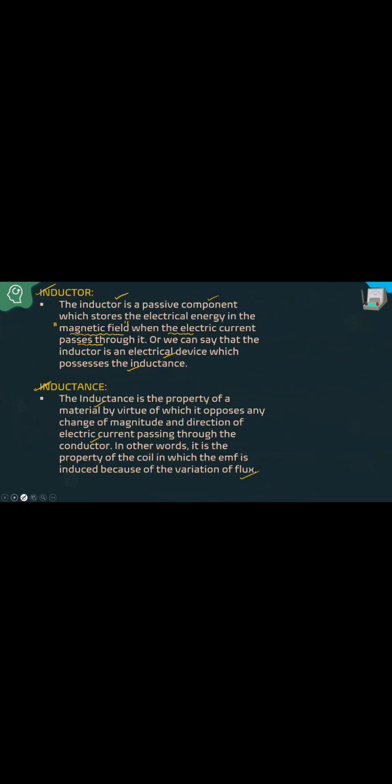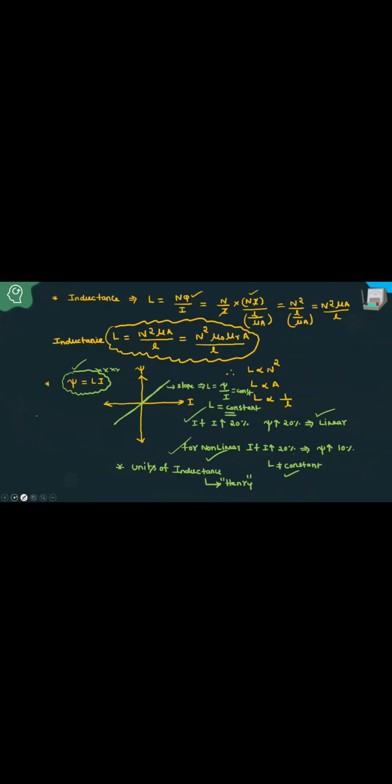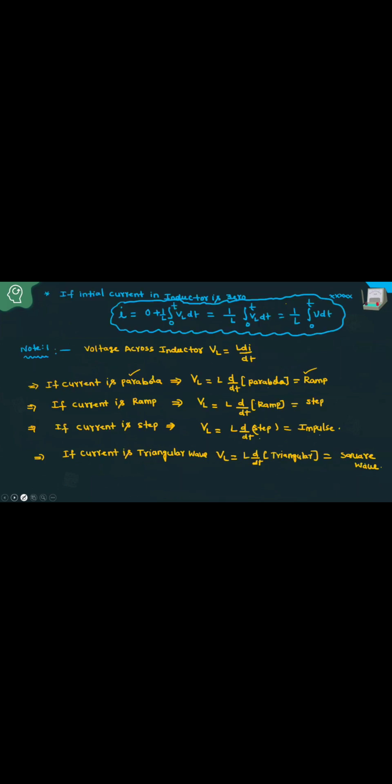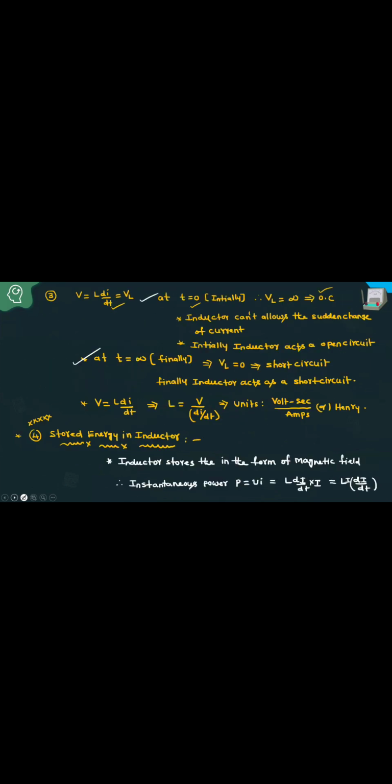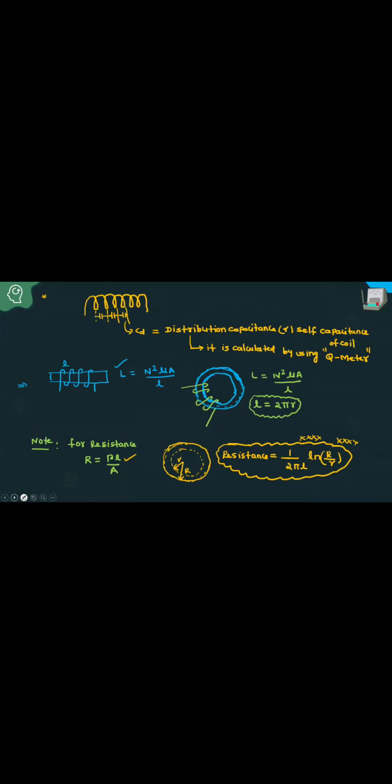I started with what is the inductor, inductance, that I have given. Then the final conclusion points that you have to write with respect to the inductor. Finally, the inductor is also a linear element. Therefore, it is a linear element. Bilateral: in both directions it offers the same impedance, the same reactance.